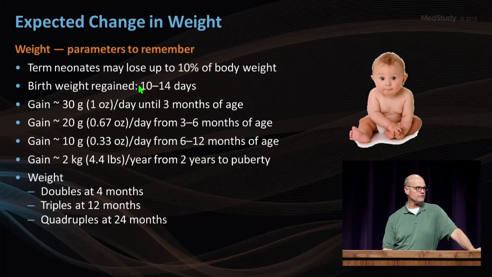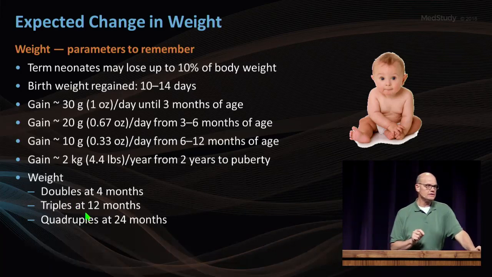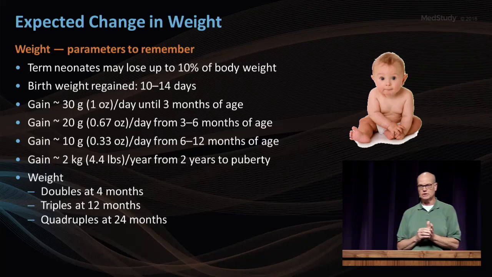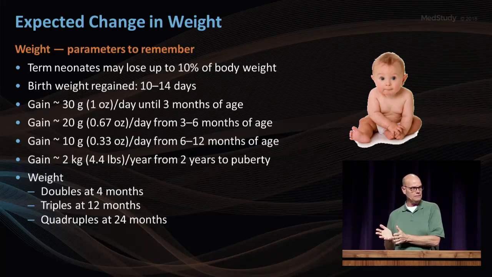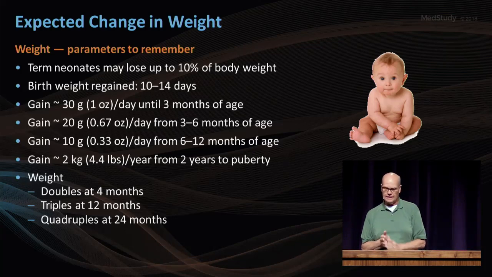So you know if you have a 3-week-old, whether that 3-week-old is gaining appropriately or not, and when weight should double, triple, and quadruple. And that way, using the birth weight information in a 6-month-old or in an 8-month-old, you can tell how well or how poorly that individual child is gaining weight.